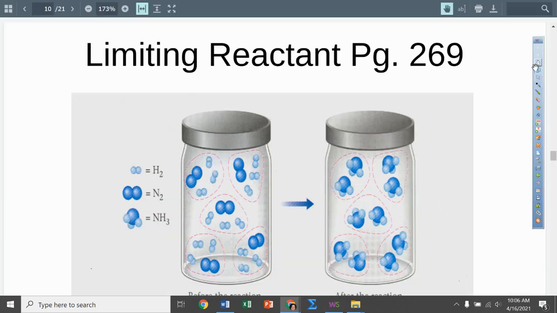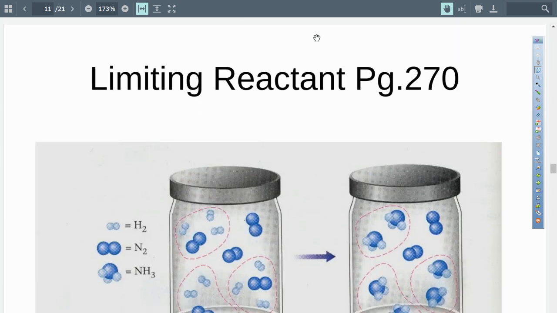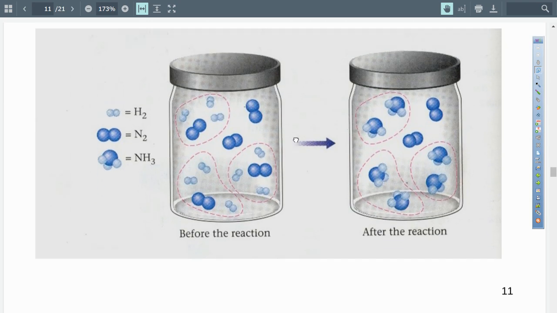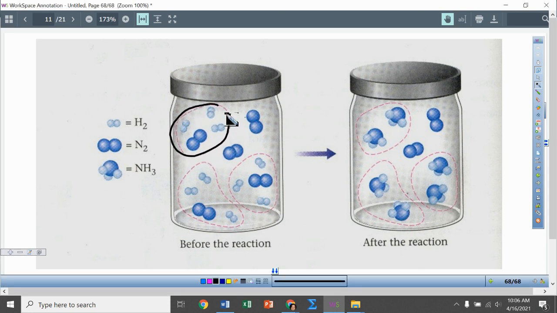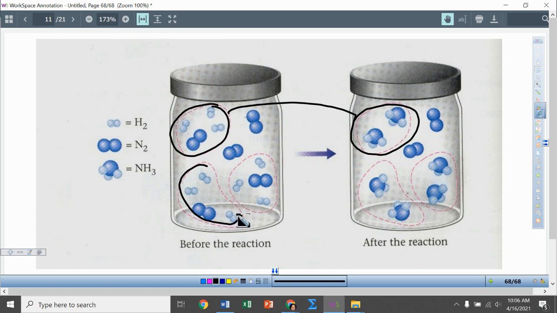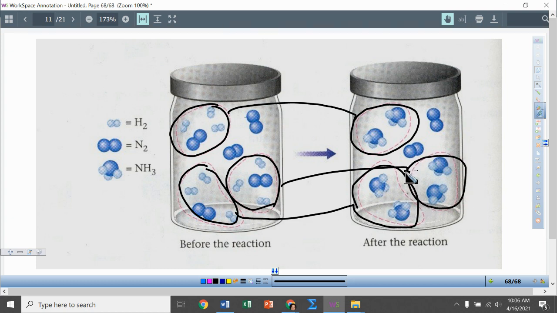All right. Well, let me show you a different picture here. In this picture, same idea, but in this case, we have a situation where, yep, we're moving along here, and we're making the molecules, and then it comes to a stop. Now, try to visualize what's going on here because we have some nitrogen, right?